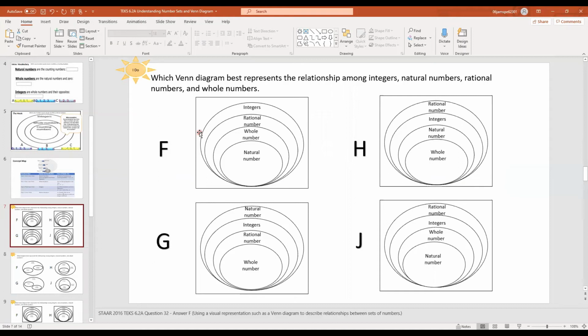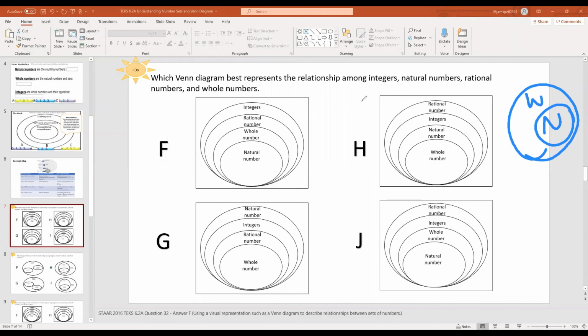Which Venn diagram best represents the relationships among integers, natural numbers, rational numbers, and whole numbers? All right, get my attitude buttons out, make sure everything is straight. Now, the first thing I want to do is draw my first inner circle. And I know my first inner circle is going to be natural numbers. Then I'm going to draw another inner circle.